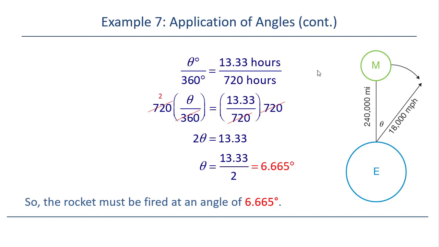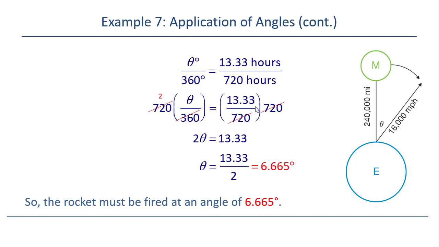We basically want to know how many degrees out of 360 it travels in 13.33 hours out of its full 720 hours. So we're setting up a simple ratio: our degree over 360 degrees equals our time, which we want to be the moon's time as well, all over the moon's total time. We're basically saying how far does the moon go in that many hours.